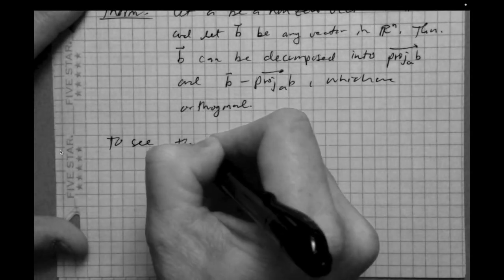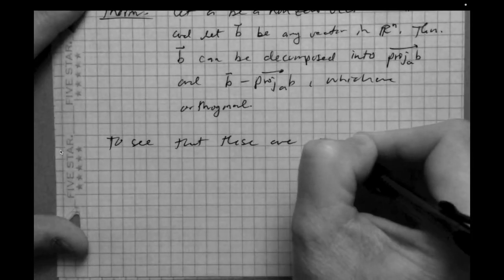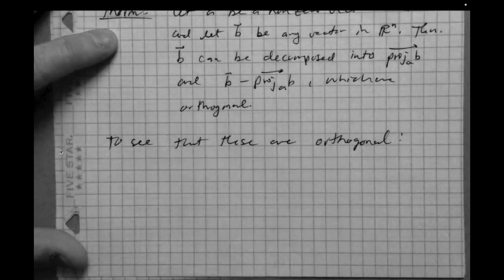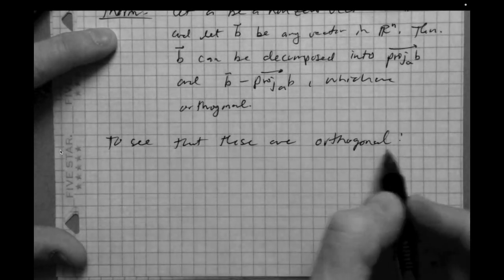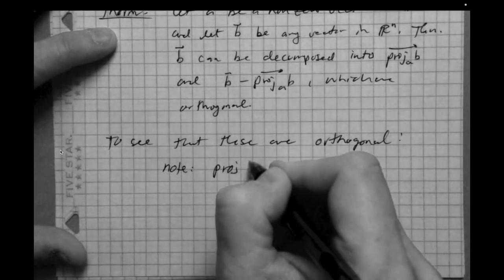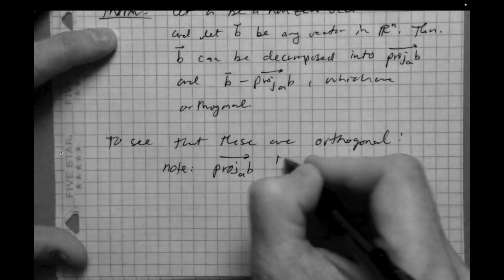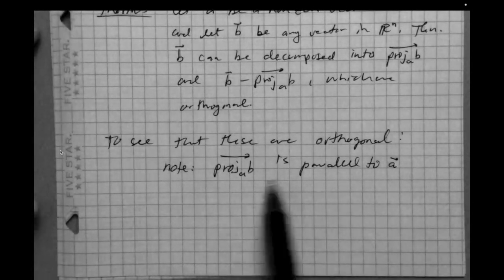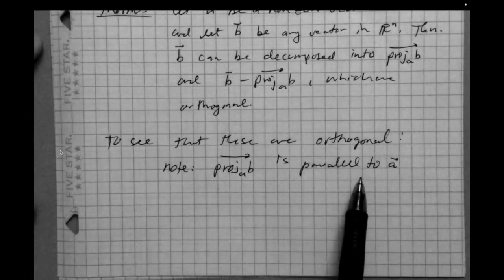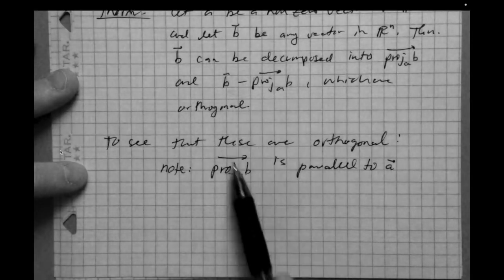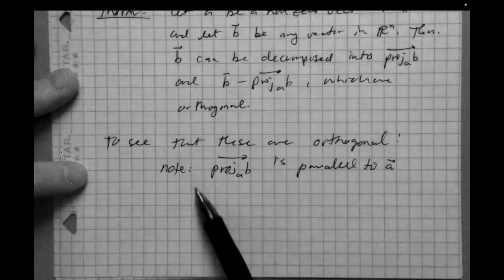So to see that these are orthogonal, you can start by simplifying things by noting that the projection of B onto A is parallel to A. So if A is orthogonal to B minus the projection of B onto A, then the projection is also orthogonal to this vector since these two are parallel.